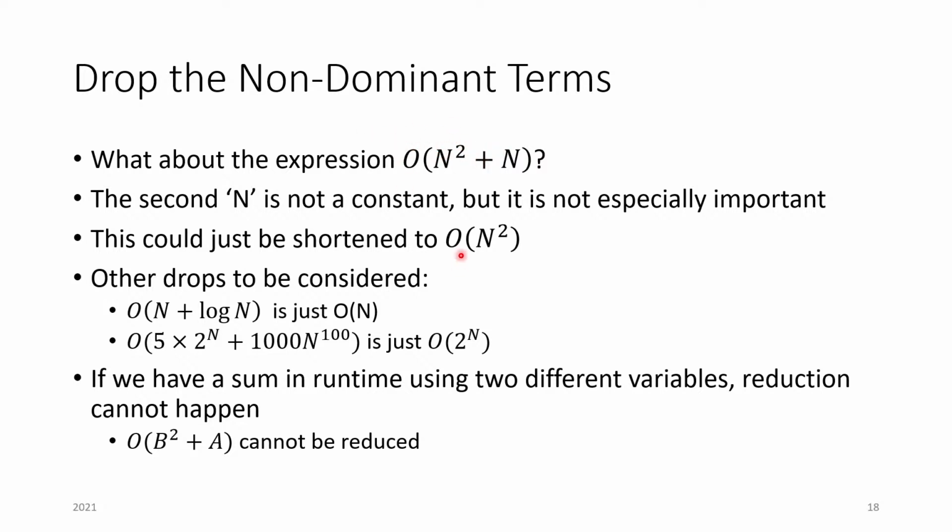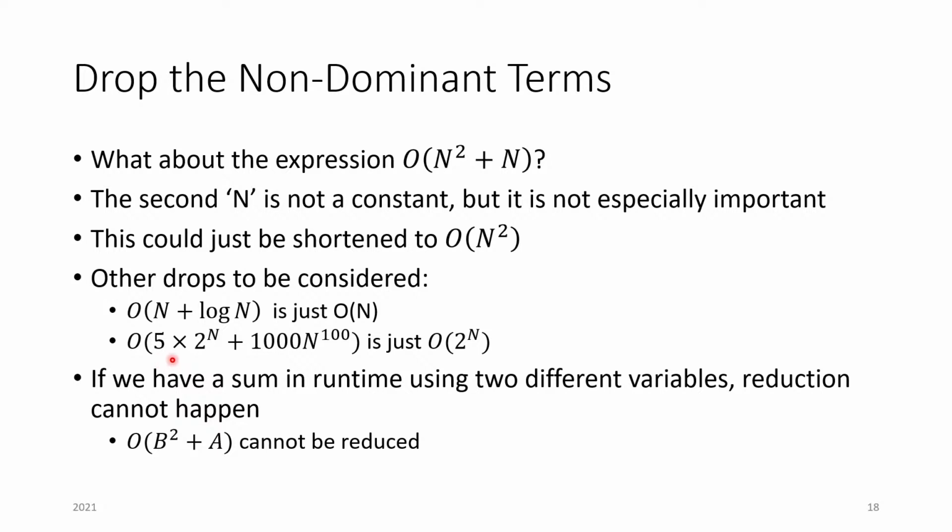So we just shorten down the order here to O of n squared, because this plus n really doesn't add much importance to the order or the behavior of the code. You also can drop other things as well, depending on which n term takes superiority. So in O of n plus log of n, a linear relationship here takes precedence over a logarithmic relationship. So you just describe this as O of n.